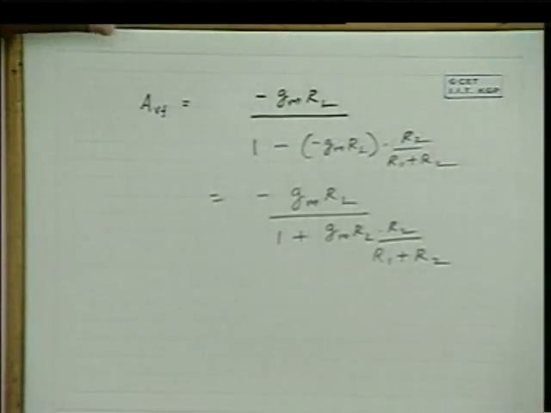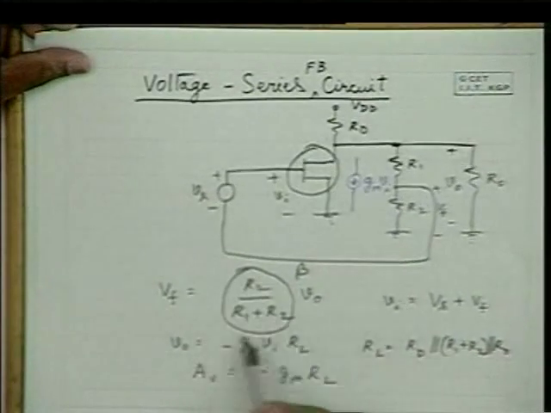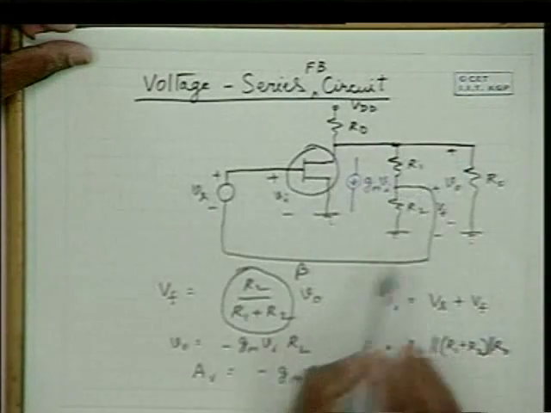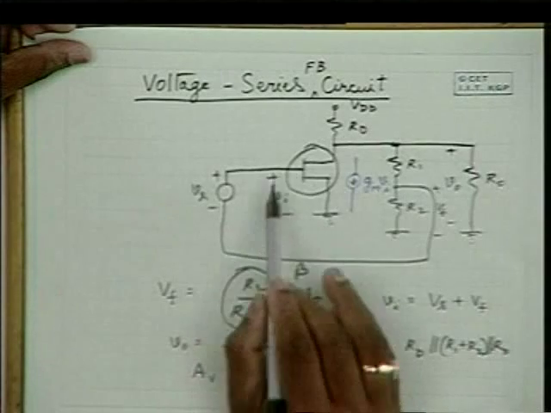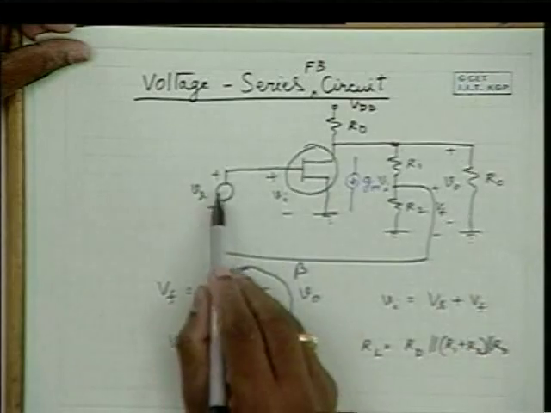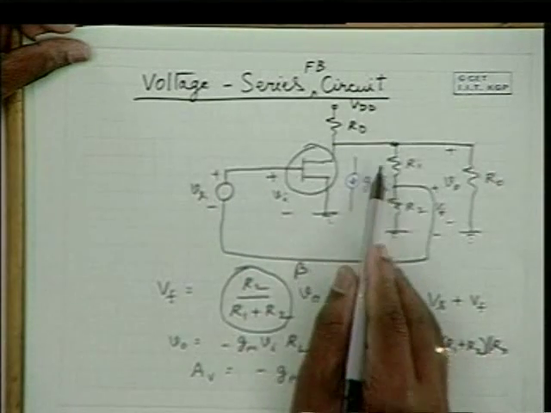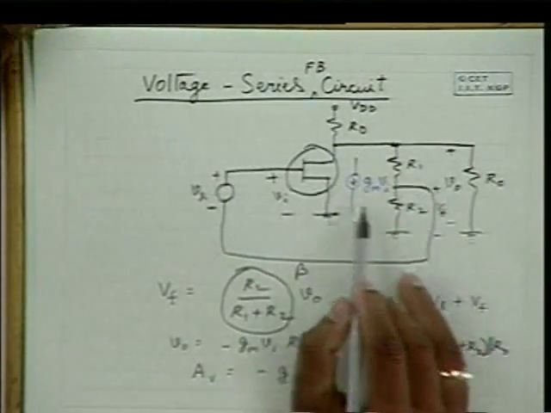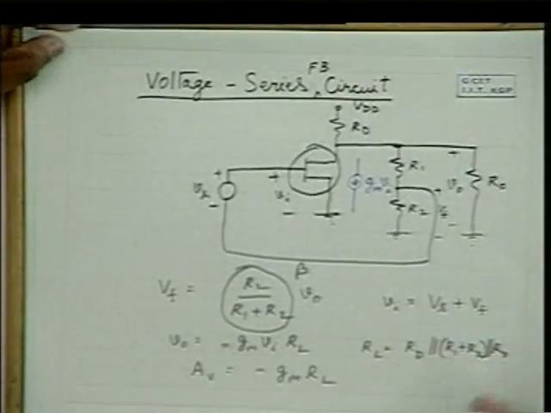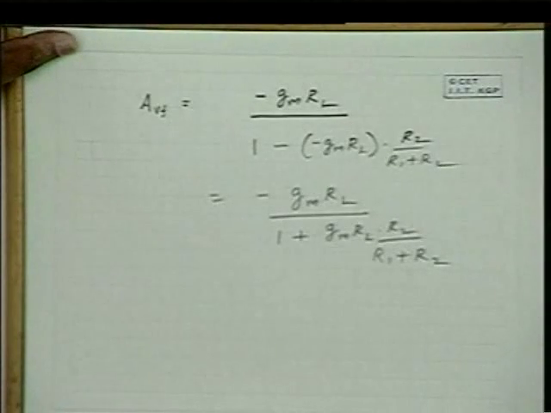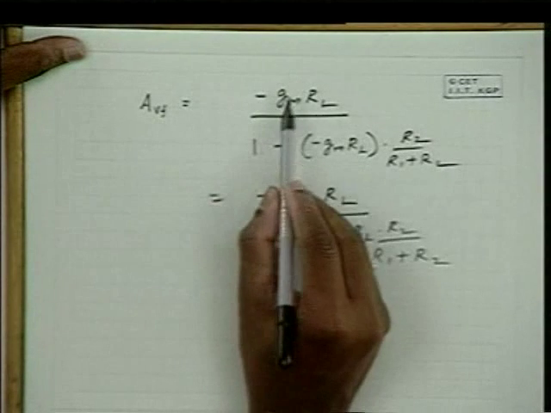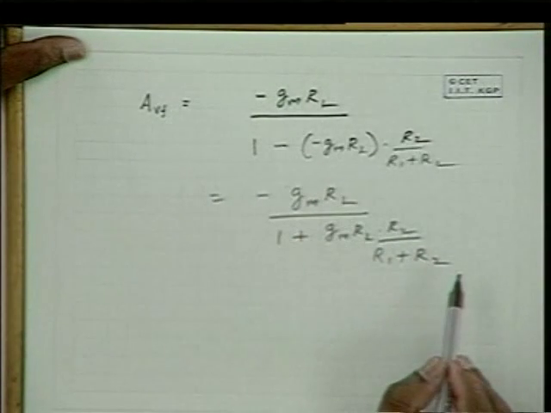So here what we did is, from the circuit we identified what beta is. We identified the way the signal is adding to the input, and we found the gain without feedback. Gain without feedback, only between Vi and the output when RL is connected without feedback, is minus Gm RL. Then we applied the feedback amplifier principles and found the amplifier gain with feedback as A by 1 plus A beta, and this is what we got.